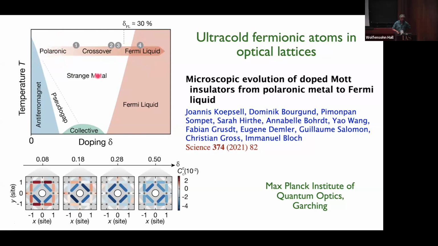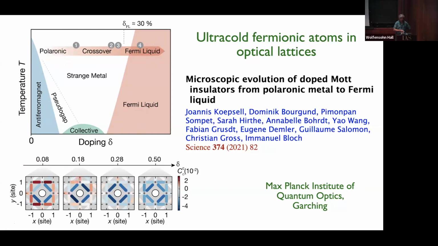What they measure are these multi-point correlation functions shown here as a function of doping. They find where the holes are, and every time there's a hole, you measure the 2-point spin correlation there. So this is really like a 3-point correlation function. And as you see, there's a dramatic difference, even at these high temperatures, between what happens at low doping in the region where you don't have magnetic order, and over here where you get the Fermi liquid.